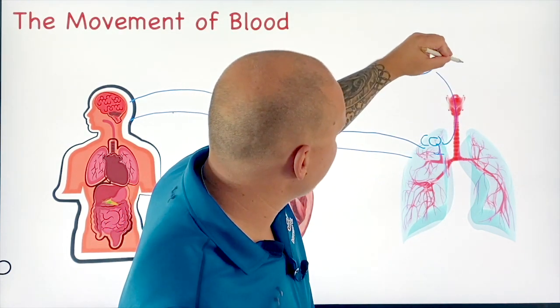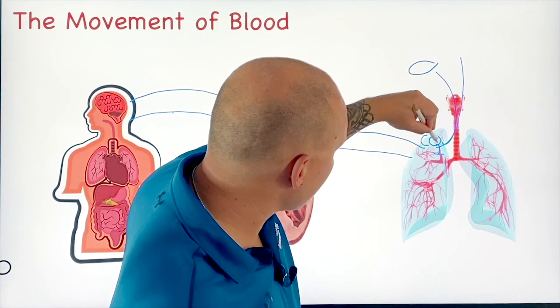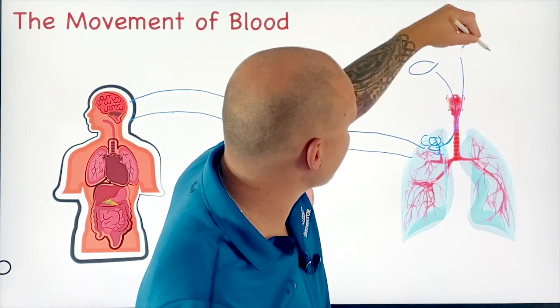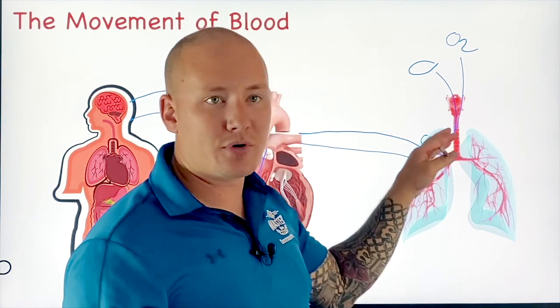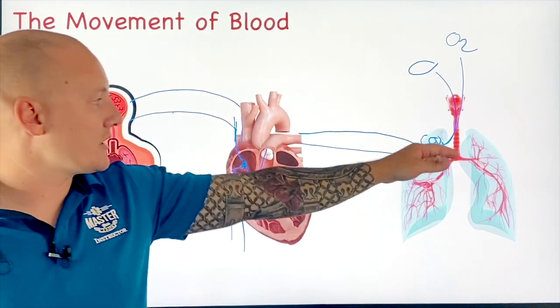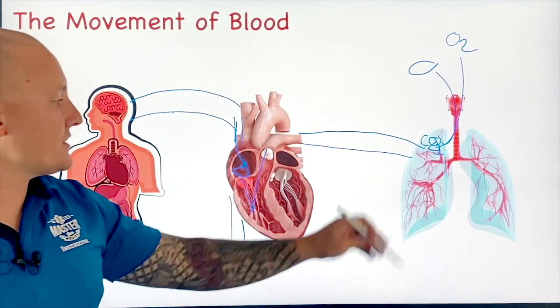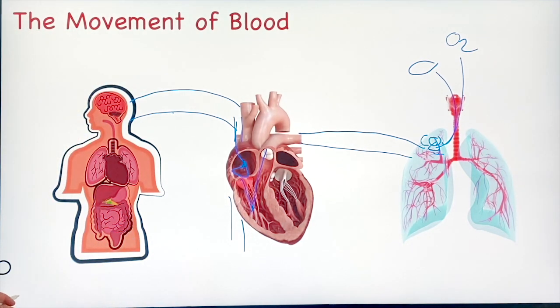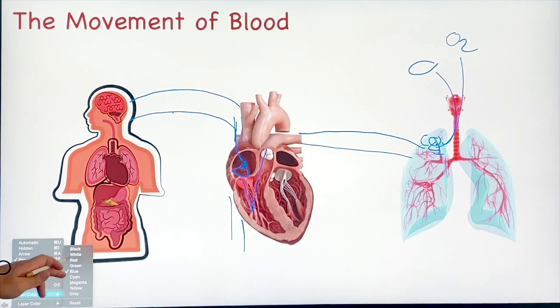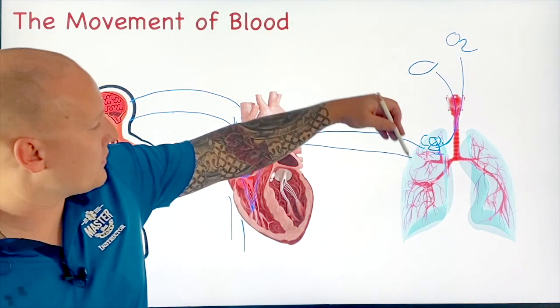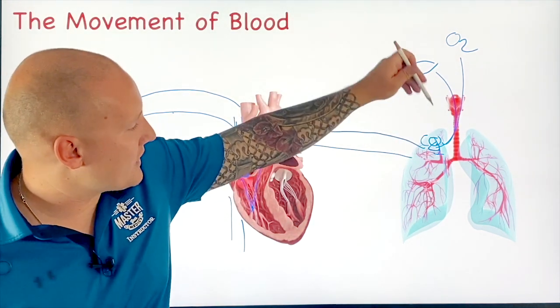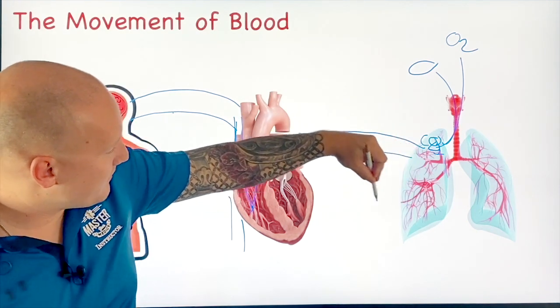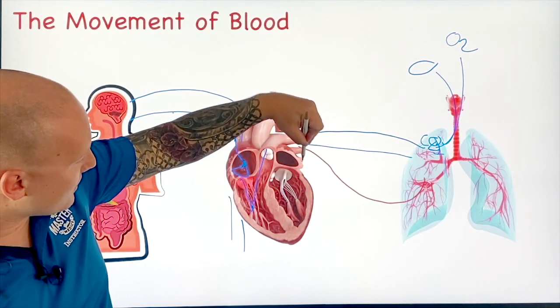And during inspiration, O2, oxygen, comes in and re-perfuses these red blood cells that make it to the lungs and essentially come back through, the reverse process. I'm just going to put that in a better color so it makes sense for you, and you can probably guess what color I'm going with here. So it's going to get re-oxygenated, and then it's going to come back through like so.